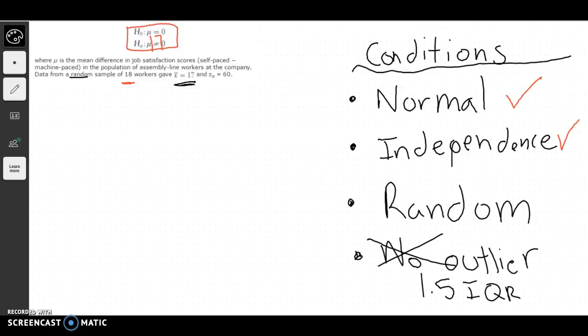But when we took a sample, it looks like the satisfaction did increase. So we're going to quickly see whether we should accept it. They didn't give us an alpha value, so let's say our alpha value is 0.05.